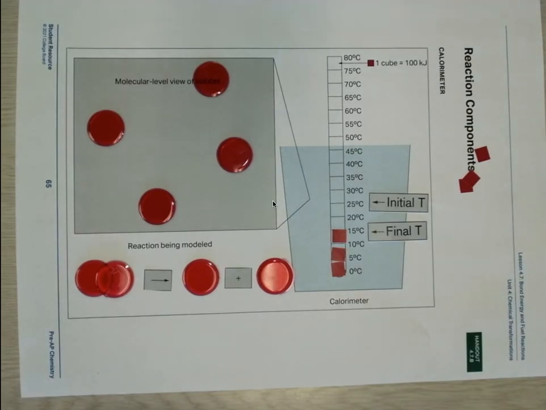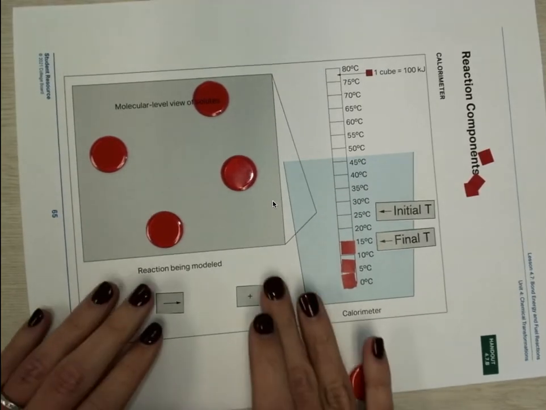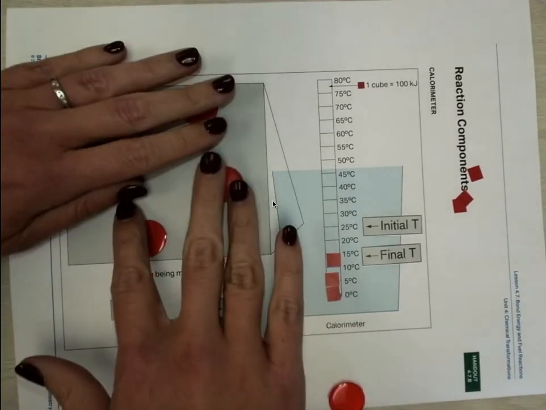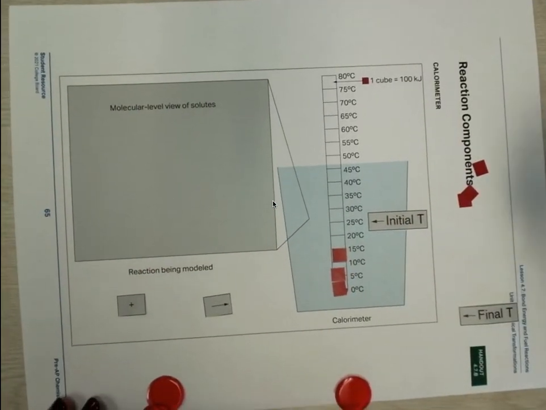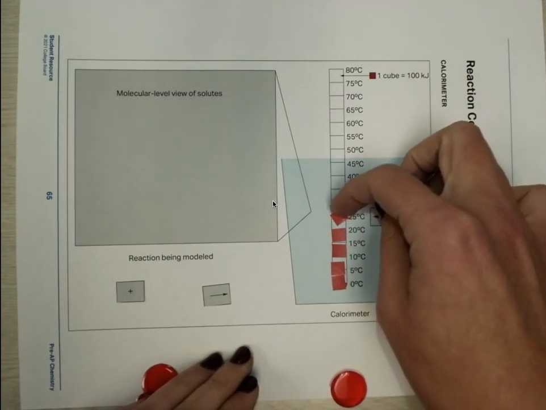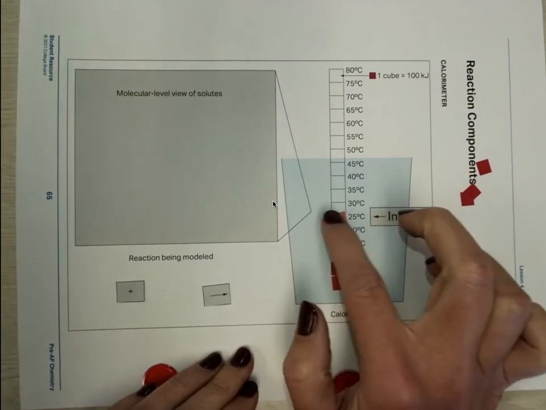All right. Now we're going to do a different one, this time with blue chips, okay? And we're going to make some blue. Let's take these away. We're still going to start with that initial temperature like I had before. Put these back to 25 as my initial temperature.